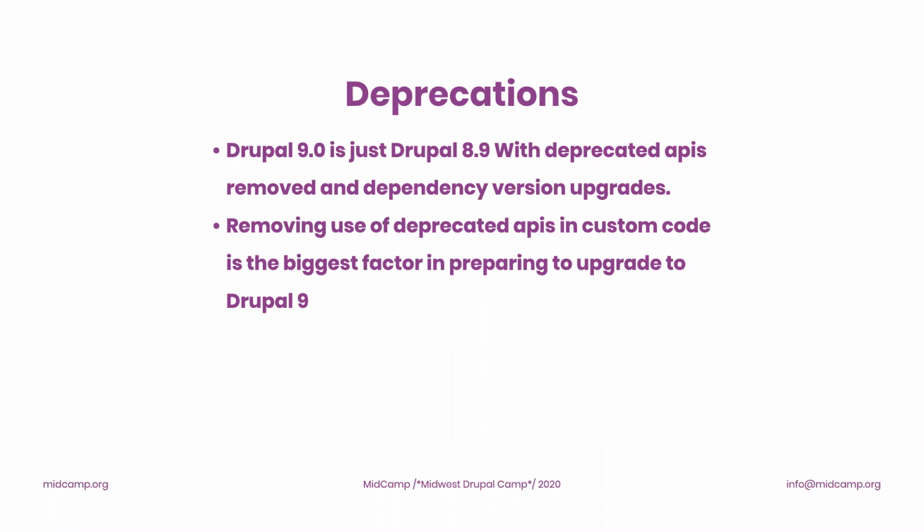So what this ultimately means is that if you can adjust your code now to use the newer APIs that are already there instead of the old deprecated APIs, it's going to work in Drupal 8, and it's still going to work in Drupal 9. And I want to go through a common example of what this means.